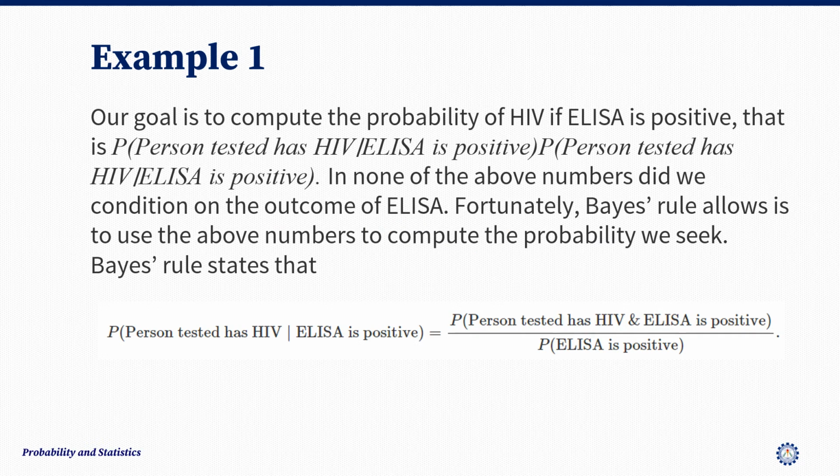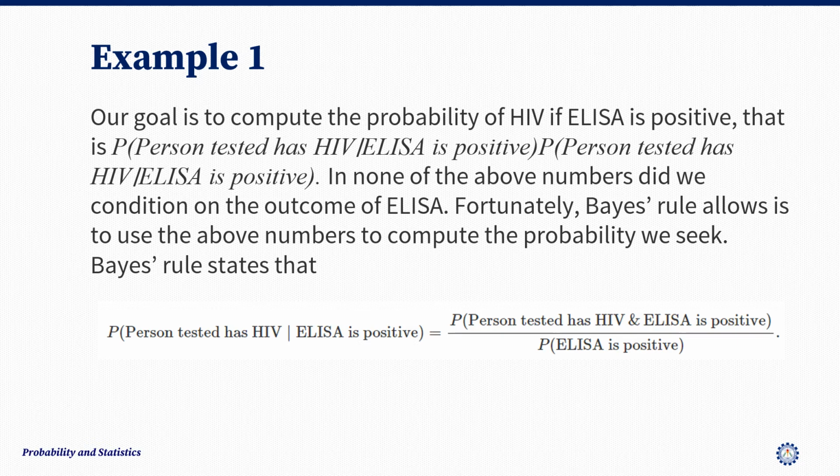So our goal here is to compute the probability of HIV if ELISA is positive. That is the probability that the person tested has HIV given that ELISA is positive. In none of the above numbers did we condition on the outcome of ELISA. Fortunately, Bayes' rule allows us to use the above numbers to compute the probability we seek.